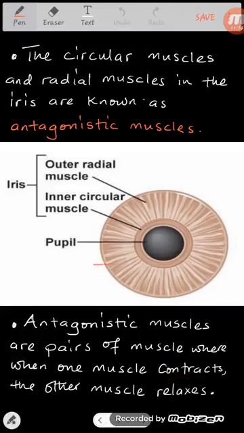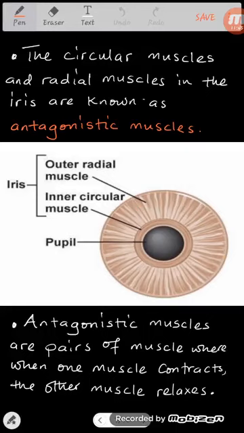So these are the things that happen in the iris of the eye. When the radial muscles, for example, relax, the saccular muscles will contract. When the saccular muscles relax, the radial muscles contract. So that action of relaxation and contraction is what we call antagonism, to antagonize, where one is pulling, the other one is pushing.